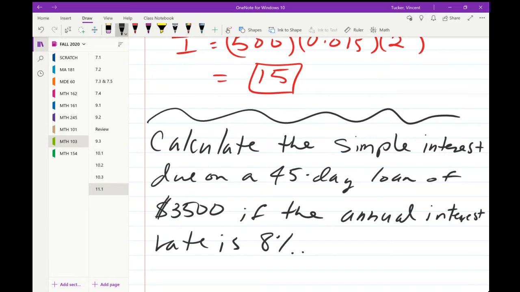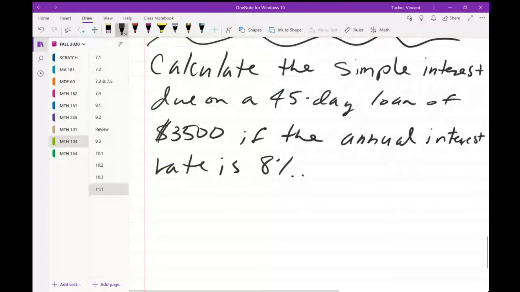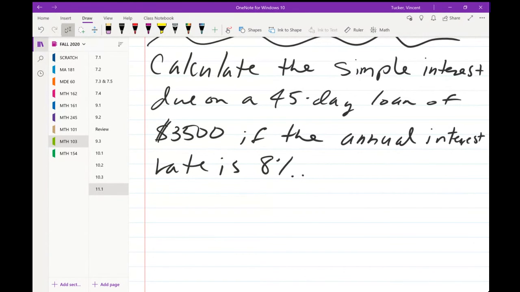All right, calculate the simple interest due on a 45-day loan of $3,500 if the annual interest rate is 8%. This is the last one like this before we add something else to it.